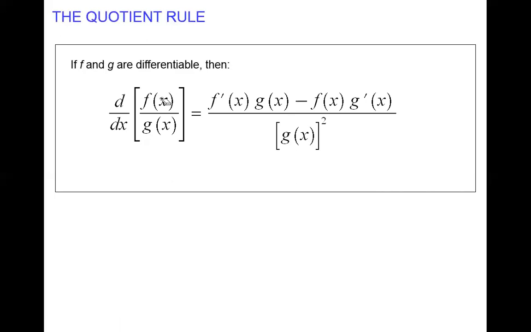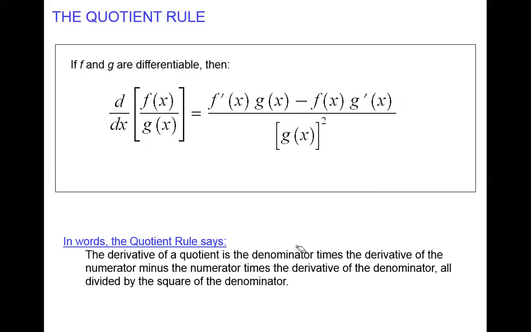Okay, that means the derivative of f over g is again f prime g minus fg prime over g squared. And we have the derivative of the quotient is the denominator times the derivative of the numerator minus the numerator times the derivative of the denominator, all divided by the square of the denominator.